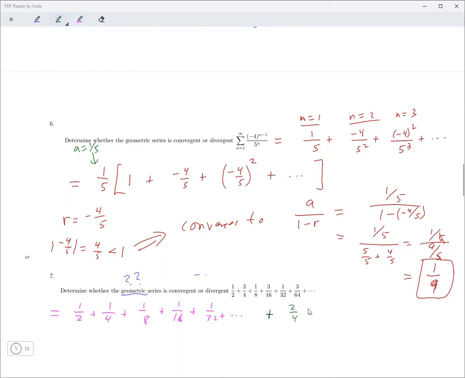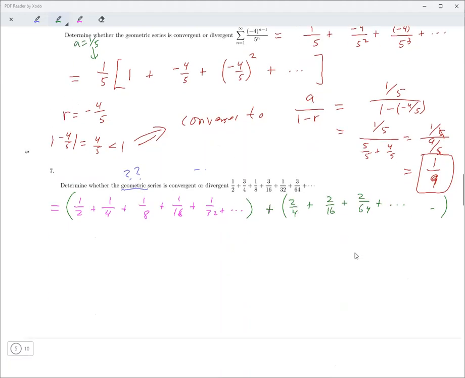So there's a 2/4 that we left out, and then there's a 2/16 that we left out, and then there's a 2 over 64 that we left out, right? Okay. So we have 2 different series. And because the 2/4 and 1/4 add up to 3/4, everything is still there.